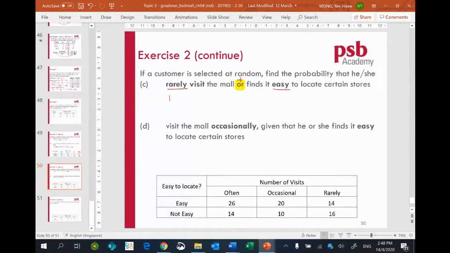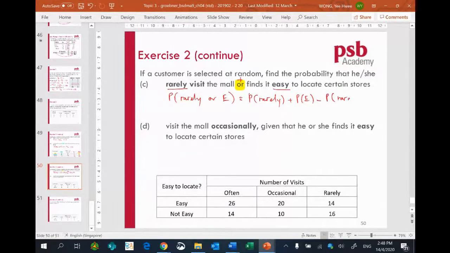So you're going to add, so you get rarely, or you can just put R will do, yeah? Rarely plus easy. But don't forget, those who rarely go there will find it easy also. Yeah, these two can happen at the same time, so you have to take away.